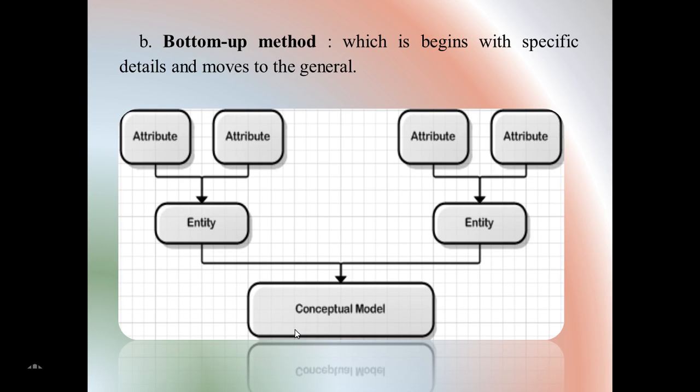The bottom-up method begins with the specific details and moves to the general. This approach starts with the fundamental level of attributes, which are the properties of entities and relationships.